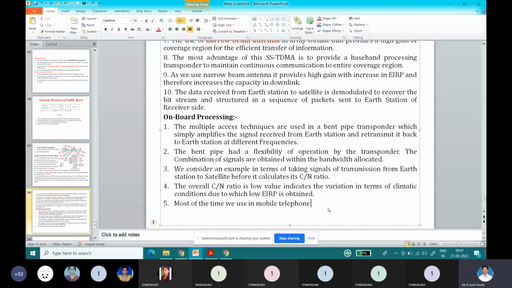So the data is transmitted in terms of packets only here. The packets that are being transmitted will have an address value stored in the packets that helps us to understand to which earth station we want to send the data.